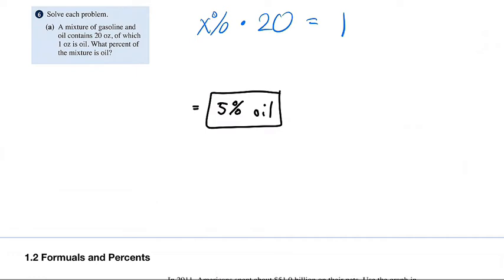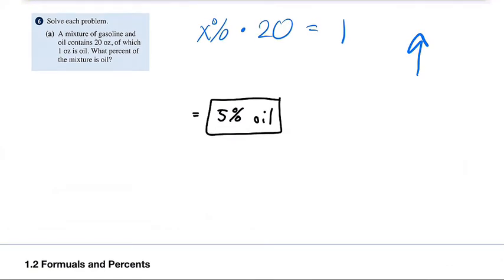So then if we were to go forward, so then now when we say X percent, that percent symbol you can usually do as 1 over 100. Okay.